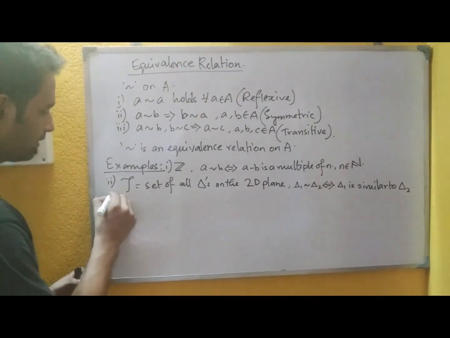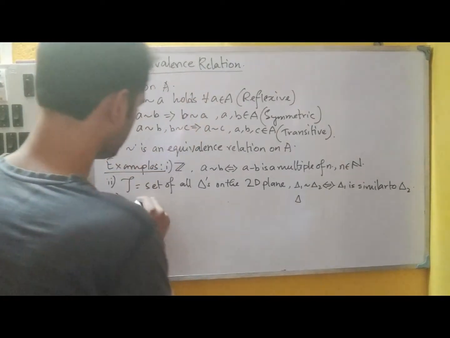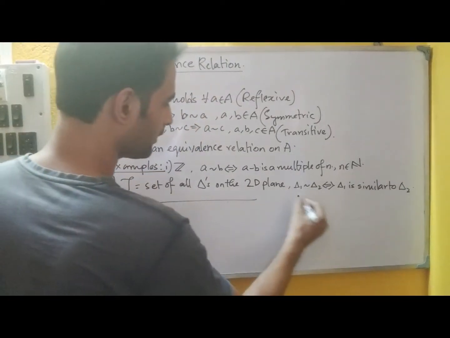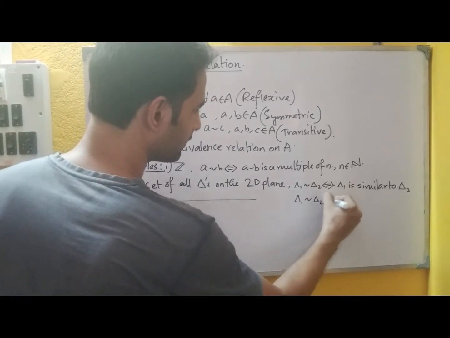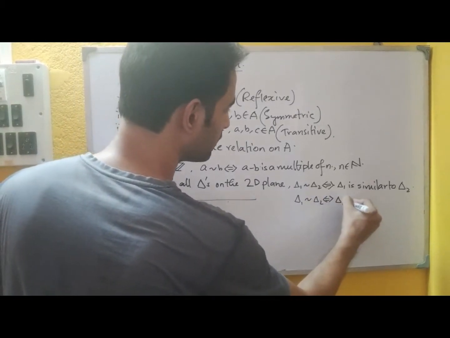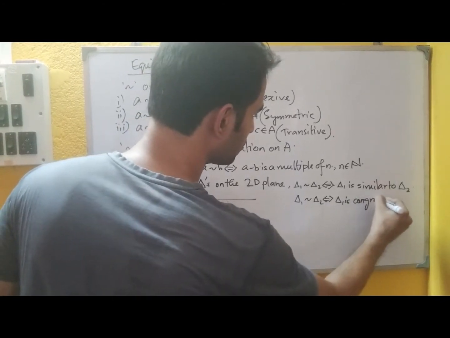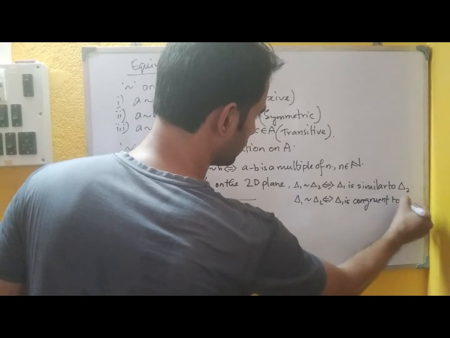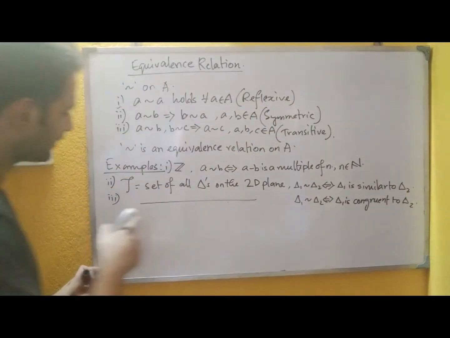Similarly, with the same set, we can define again delta 1 tilde delta 2 if and only if delta 1 is congruent to delta 2. This is also an equivalence relation on the same set of triangles.